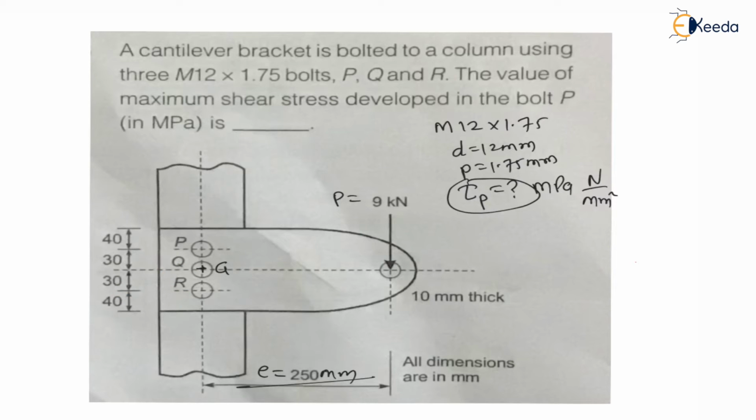That means RP, that is the distance of P from G, is 30 mm, as well as RR, that is the distance of R from G, is 30 mm, right? Similarly, Q and G coincide, therefore the radius of Q will be 0. These data you can see here.